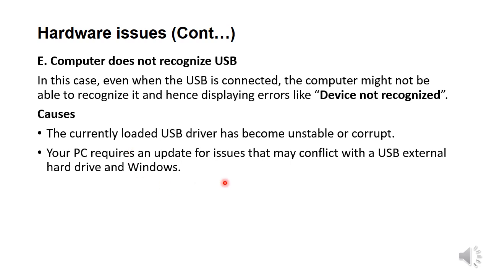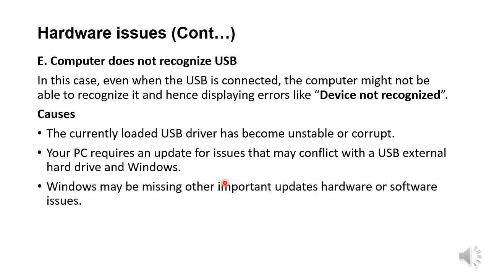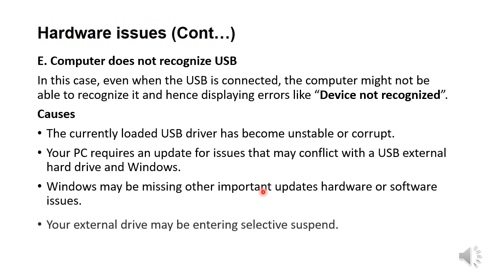Your PC requires updates for issues that may conflict with the USB external hard drive and Windows. Windows may be missing other important updates, hardware or software issues. So you have to update your computer's Windows operating system regularly, and also update your computer software regularly, so that you do not meet with the following issues.